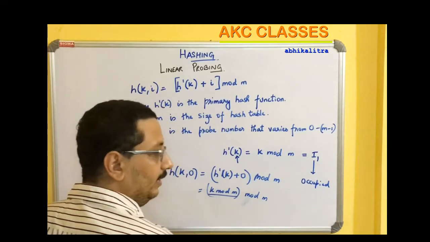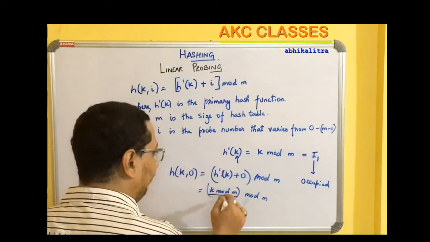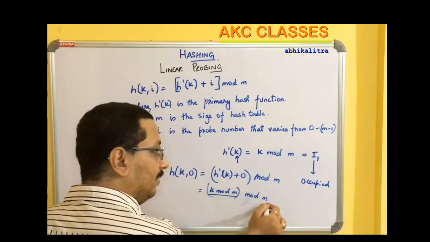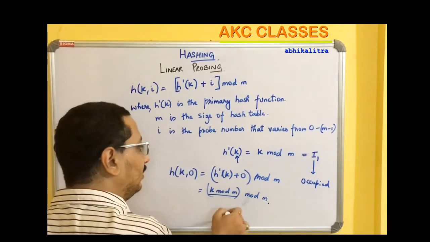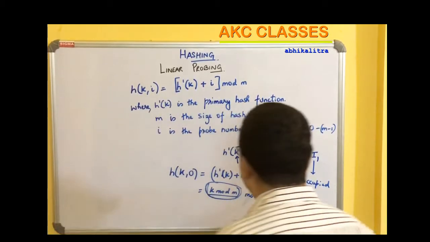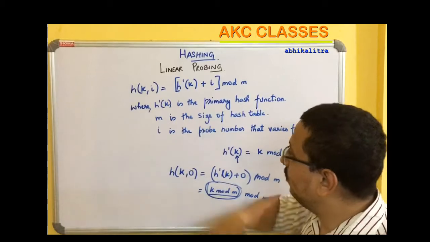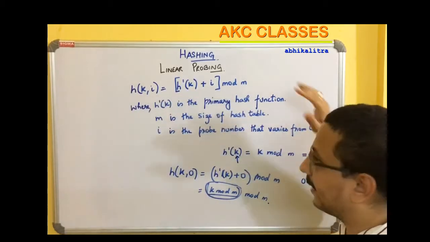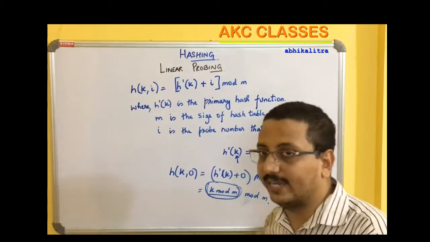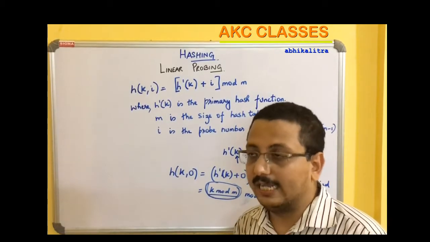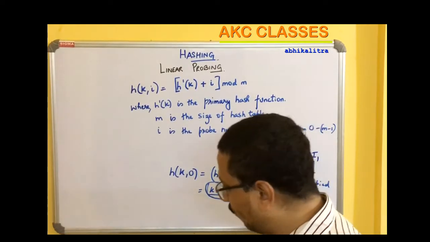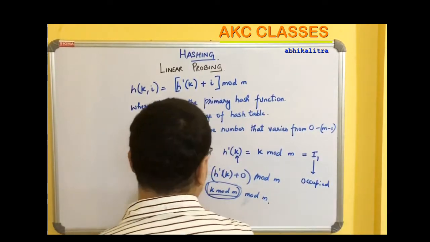Since k mod m already generates a remainder value which is less than m, obviously when you divide that number again with m, the same remainder value is going to be generated, which is generated from the primary hash function. Simple. So if I put i equal to 0, that means this is functioning like a primary hash function, and if the primary hash function fails to produce a location which is a free slot, then obviously we will move on to the next free slot. Now how to move on to the next free slot, right? That is the main thing.